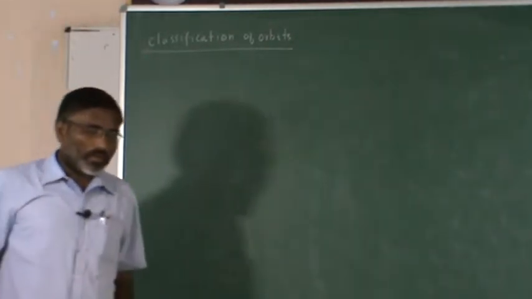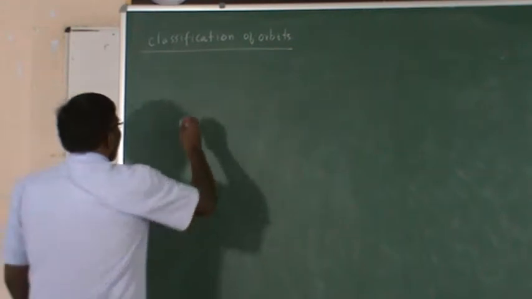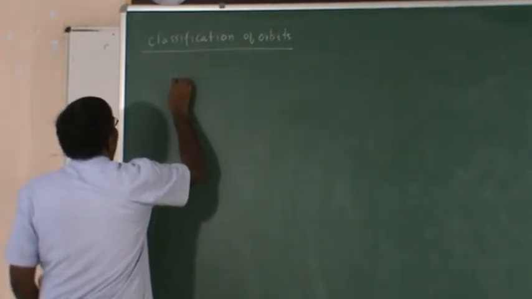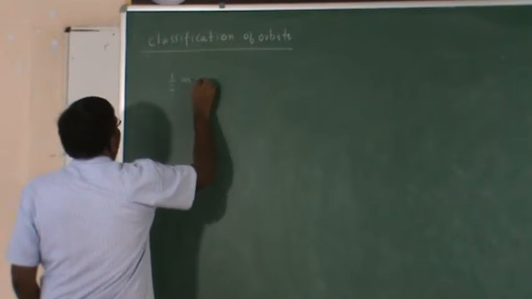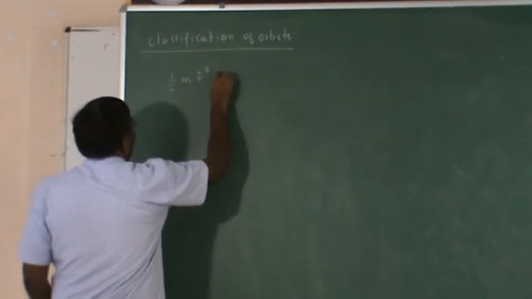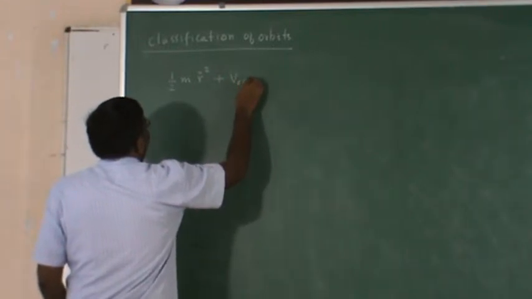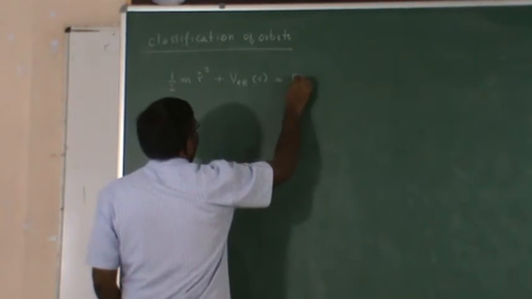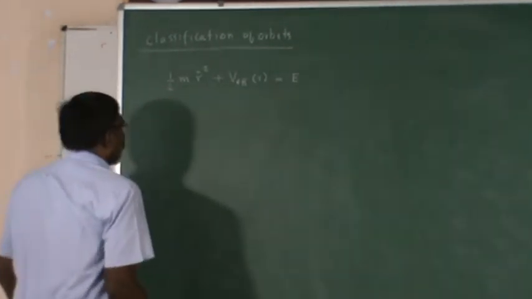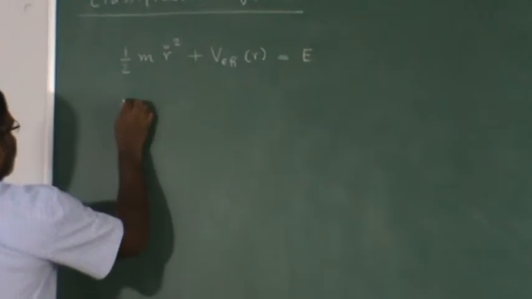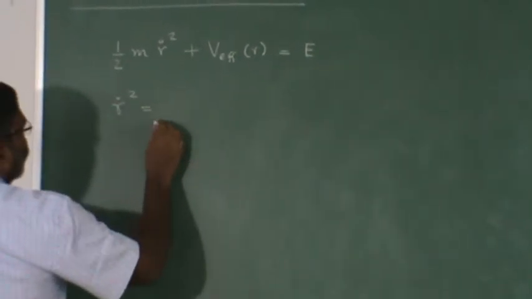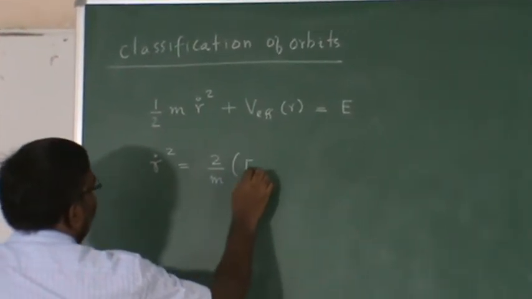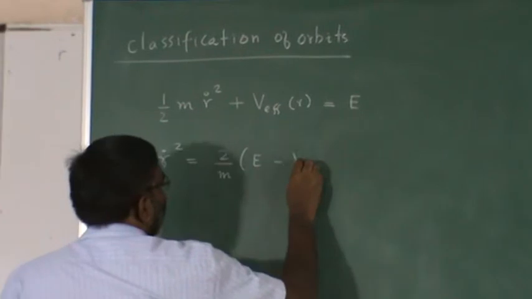We have this equation that energy, half m r dot square plus V effective of r, is equal to energy. Or in other words, r dot square is equal to twice by m times E minus V effective.